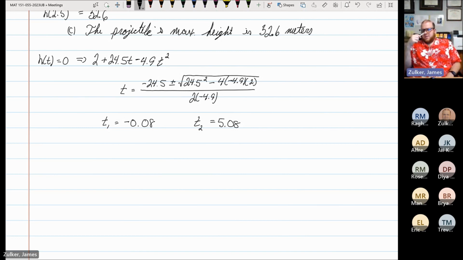That gives us negative 0.08 and 5.08. One of these does not make sense.